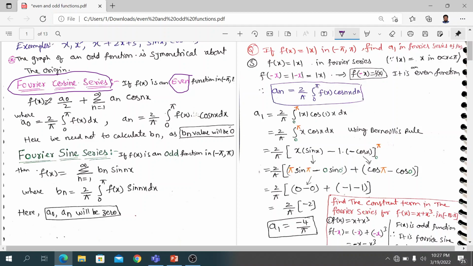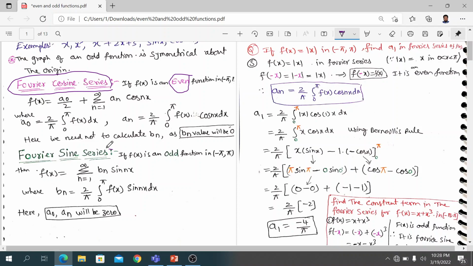So f of x is equal to a naught by 2 plus sigma n is equal to 1 to infinity an cos nx, where a naught is 2 by pi integration 0 to pi f of x dx, and an is equal to 2 by pi integration 0 to pi f of x cos nx dx. Here we need not calculate bn, as bn value will be 0. This is the advantage if we know even and odd.